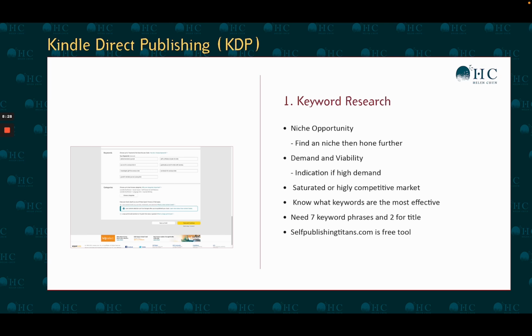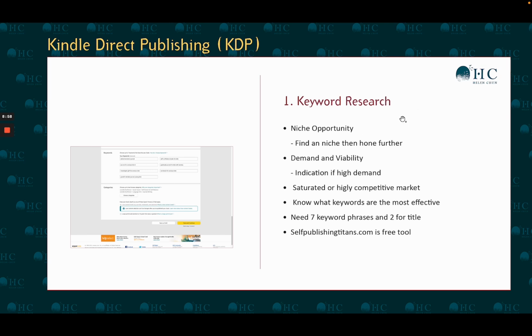Okay, so keyword research is so important, and this is what you have to do before you decide even what book you want to publish. It is a good idea, because what you want to publish may not be what is in demand.